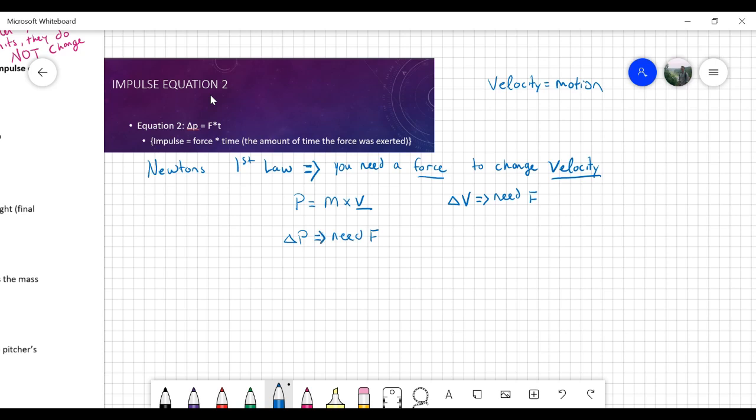Okay? And that's what this equation is saying. All it's saying is that impulse, which means change in momentum, is equal to the force times the amount of time that the force is acting. Okay? So you can think of it as like a car accelerating.